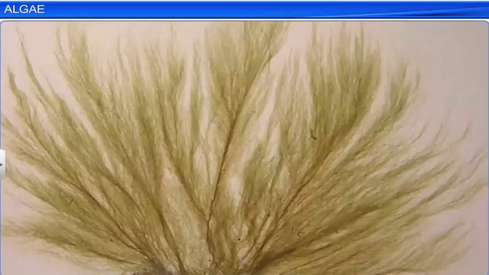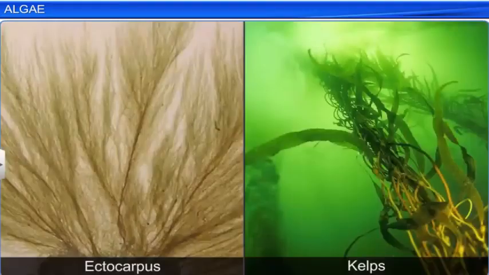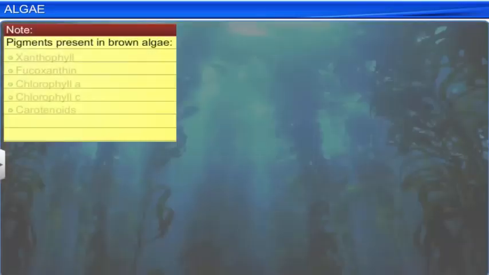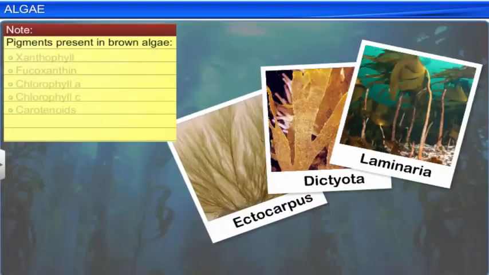For instance, Ectocarpus displays filamentous form, whereas kelps are profusely branched and can measure 100 meters in height. They also vary in color due to the varying concentration of the pigments, xanthophylls and fucoxanthin.